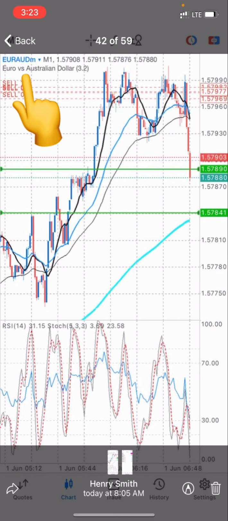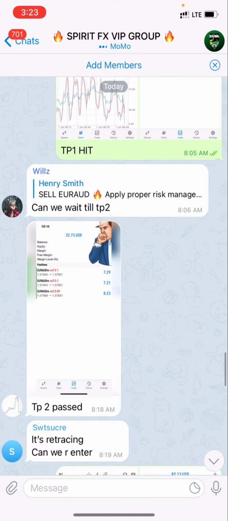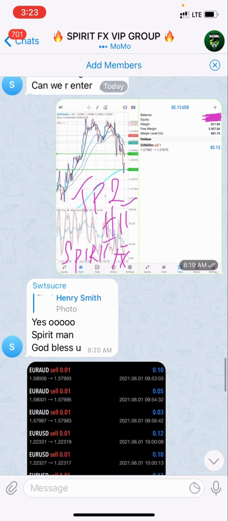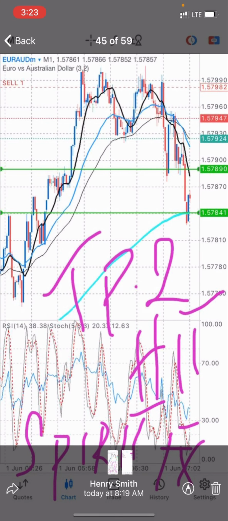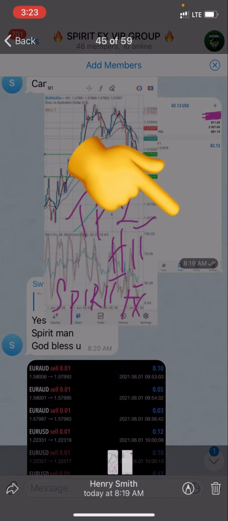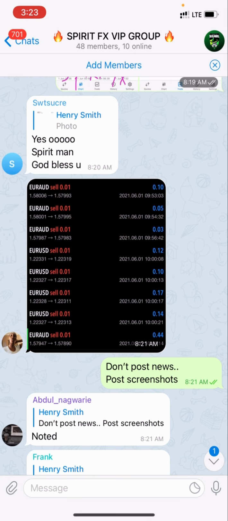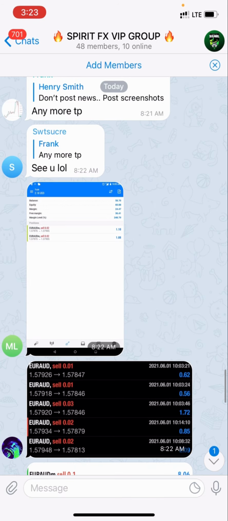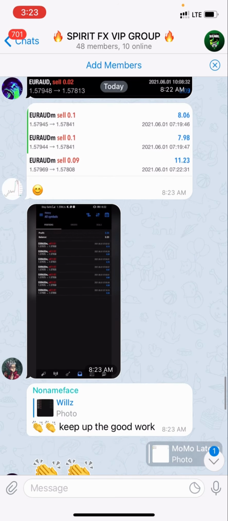As you can see, EUR/AUD. Let me go back again. Now, this is me telling you, as you can see, TP2 hit. Can you see, guys? TP2 hit, EUR/AUD. And these are screenshots from members, rather.